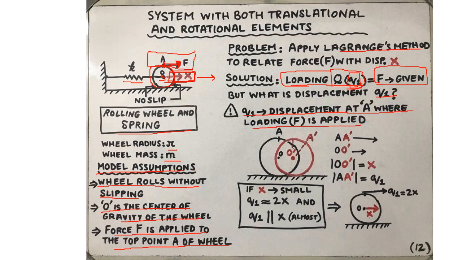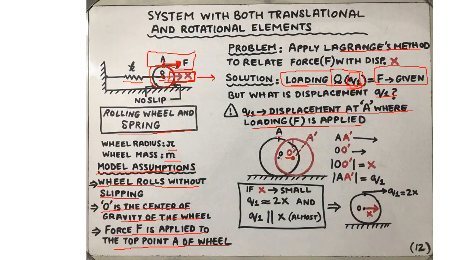To carefully understand the nature of q1, we consider a scenario where the wheel is rolling on the surface, and more specifically, when a wheel rolls, the center of the wheel, that is the center of gravity, point O, shifts from O to O prime.